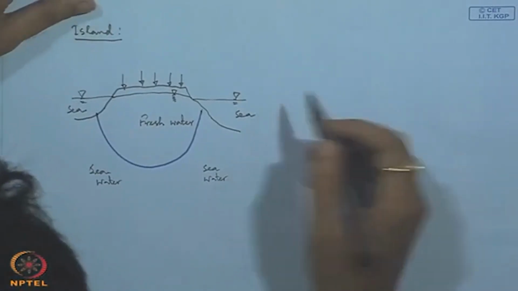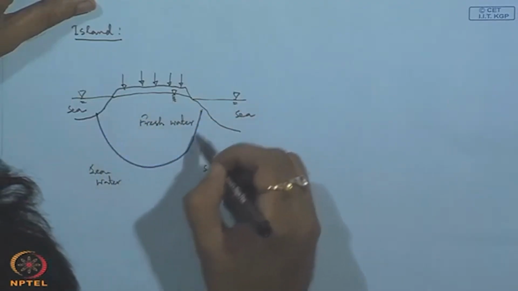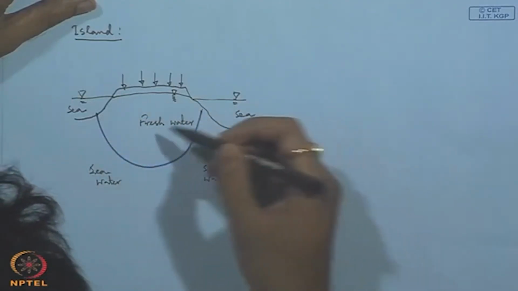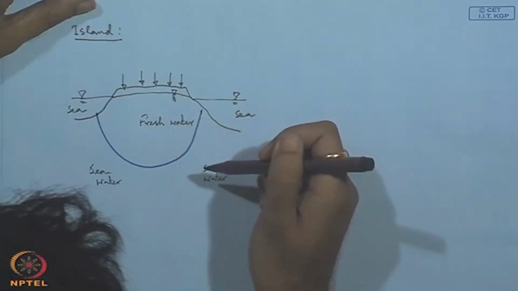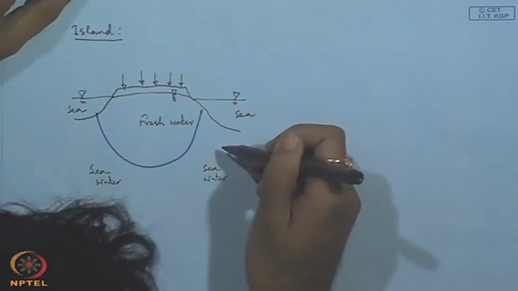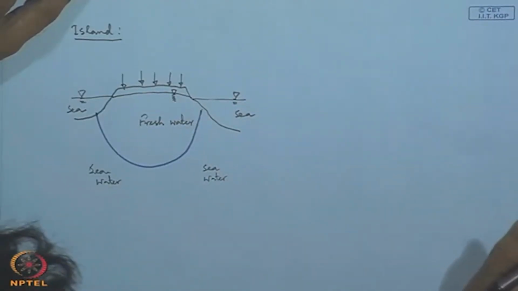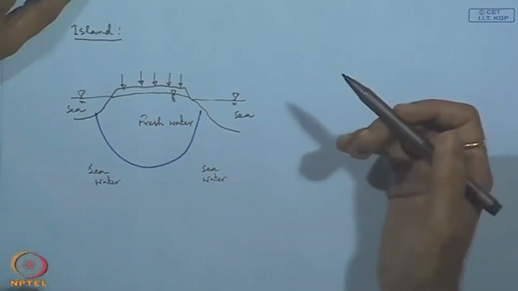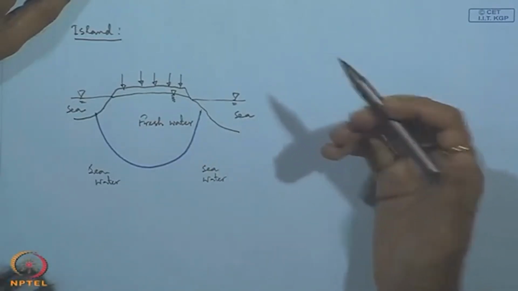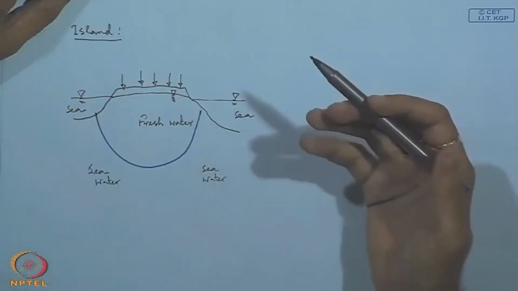In these cases we have considered a sharp interface between our fresh water and sea water or ocean water. In reality, this sharp interface does not exist. This is basically one kind of approximation to real world problem.